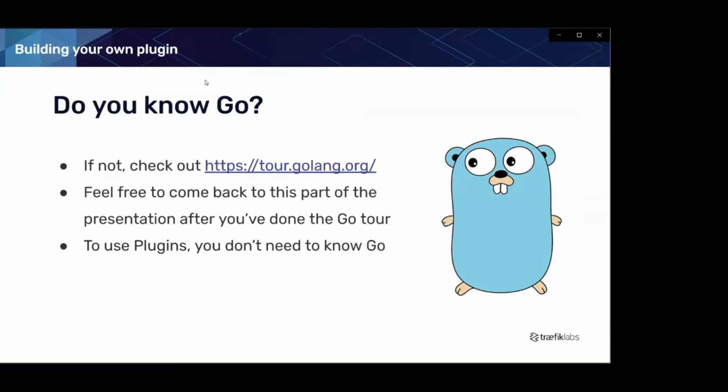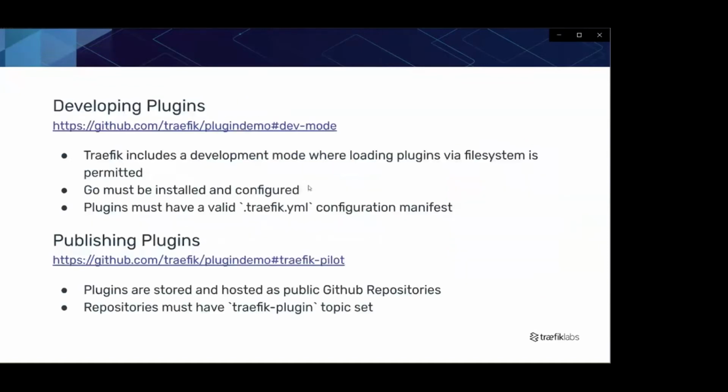Now, this talk is going to be posted on the Traefik webpage, and you can come back at any time later and revisit this discussion and the concepts that I'll be presenting, so that later you can go through and build a plugin yourself. Now, as a final point, you absolutely do not need to know anything about Go in order to actually use plugins with Traefik today. However, if you want to build your own plugin and publish your own plugin, you'll need to understand and be able to write Go code.